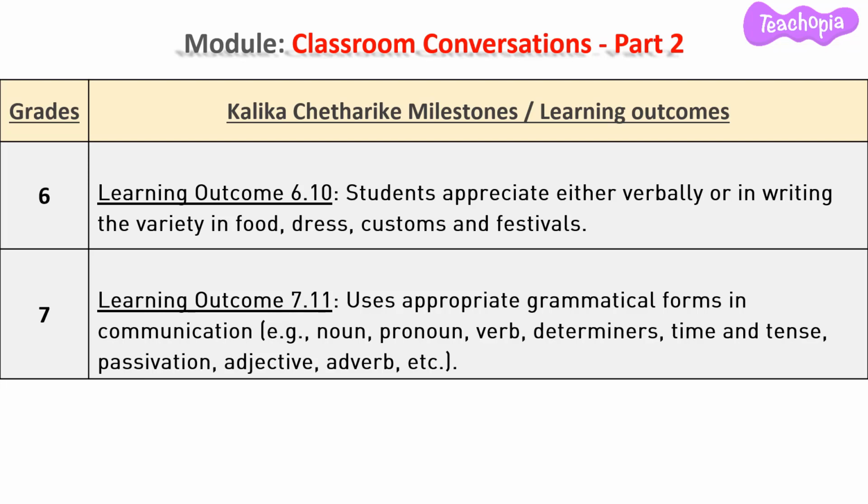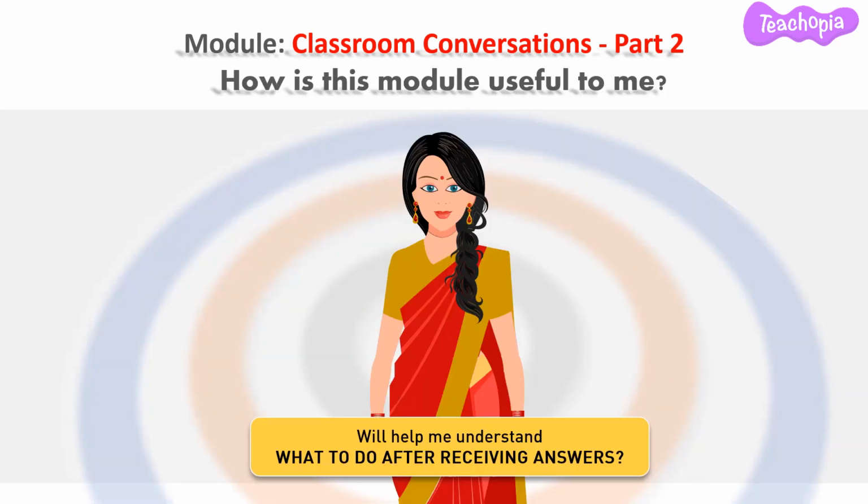For grade 7, learning outcome 7.11: uses appropriate grammatical forms in communication. For example, noun, pronoun, verb, determiners, time and tense, and so on. So this is what you can expect as a teacher to receive from this module.